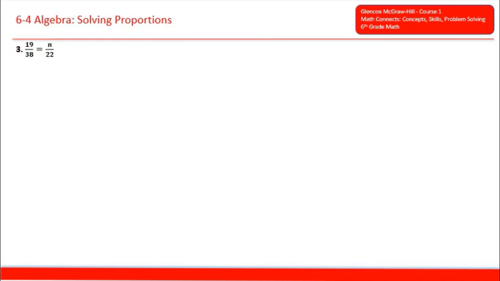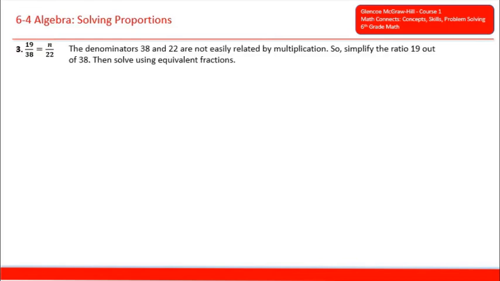Okay, number 3. 19 over 38 equals n over 22. The denominators 38 and 22 are not easily related by multiplication, so we can't divide 38 by any whole number that will get us 22. So we're going to take 2 steps. We're going to simplify the ratio 19 out of 38, and then we'll solve using equivalent fractions.